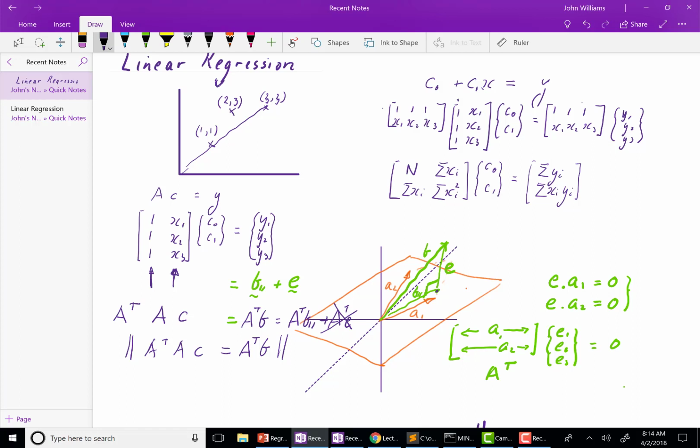Okay, let's multiply that out. So I'm going to clear some space here.